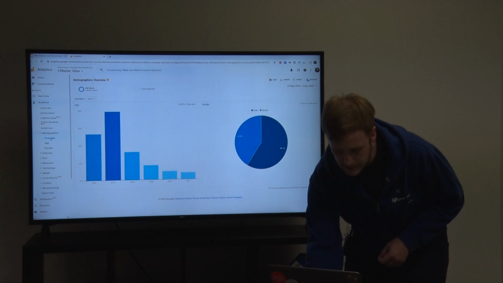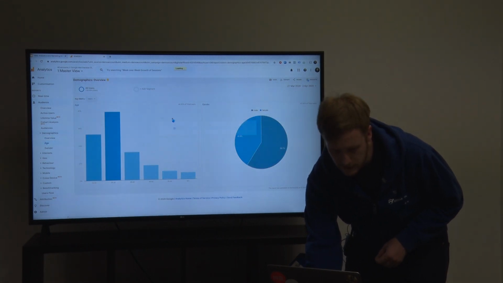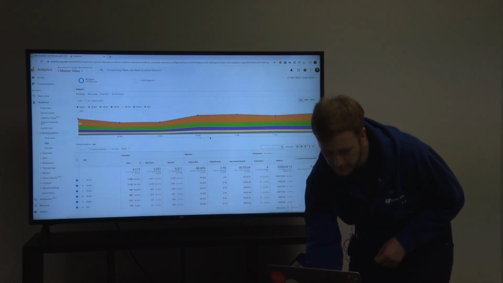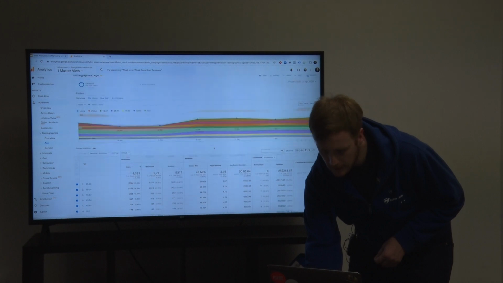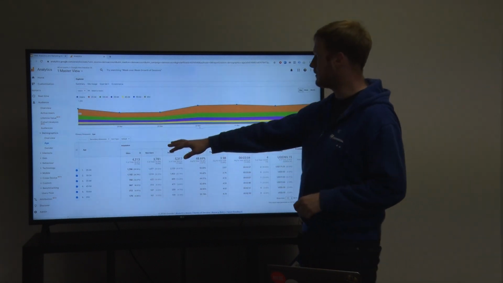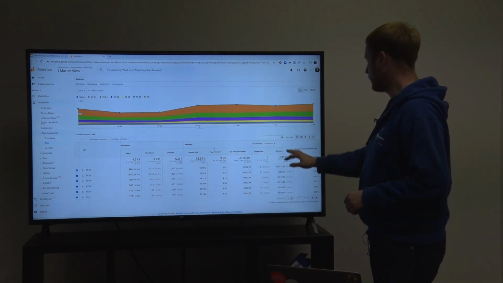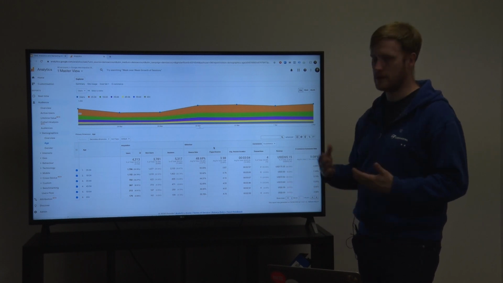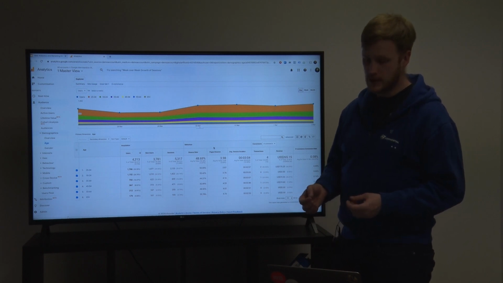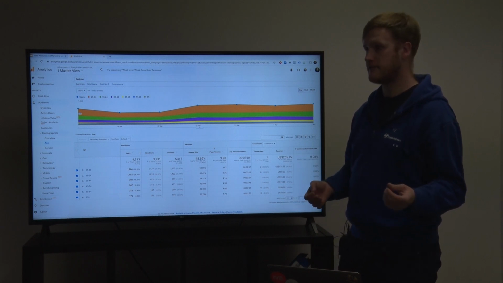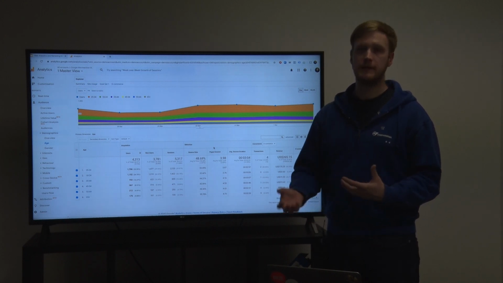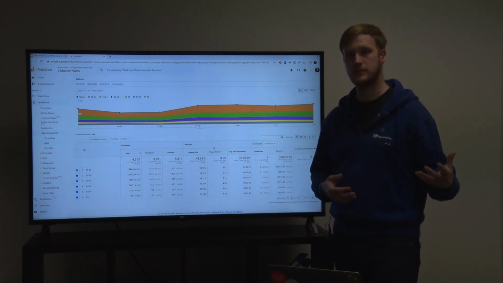And I can dig deeper, let's take the age report, for example. I can also see, based on the age group, the revenue data and e-commerce conversion rate data, wherever that's possible. Not all data is available everywhere.